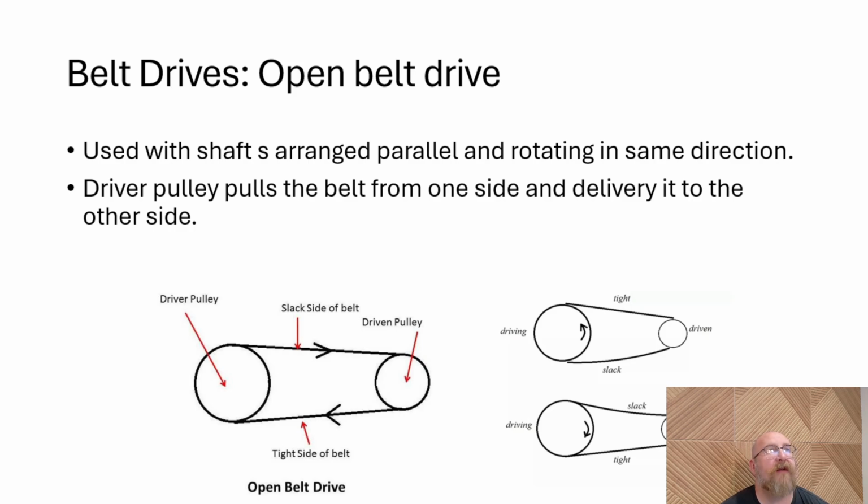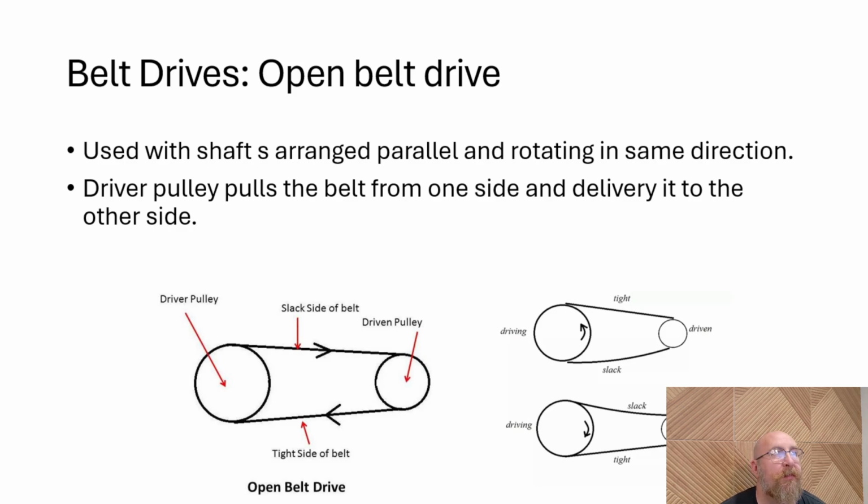So open belt drives are used, and these are by far the most typical. This is kind of what you see on a table saw or any sort of other relatively inexpensive piece of machinery. You've got a top side of it, and basically the driver is driving and it is pulling.